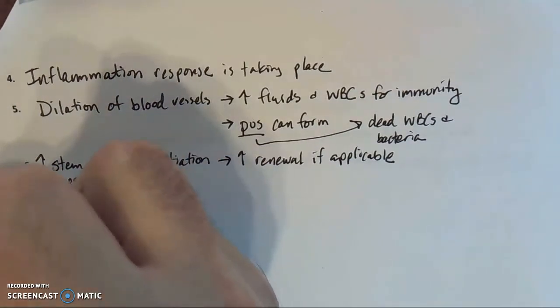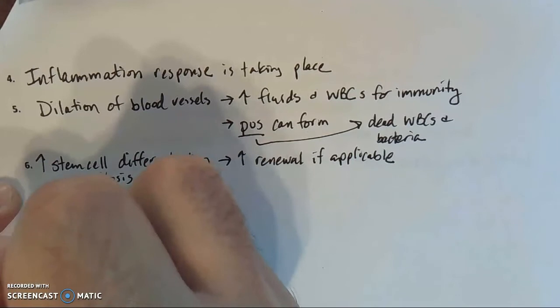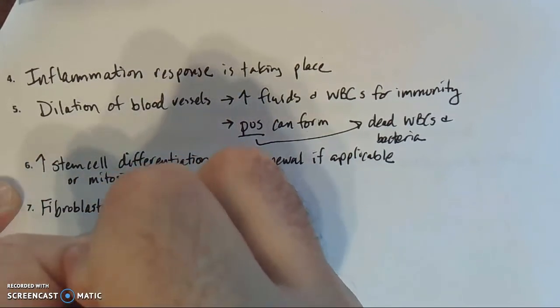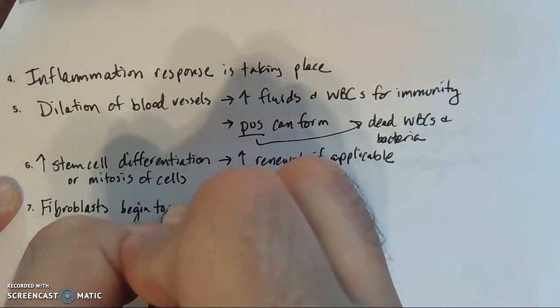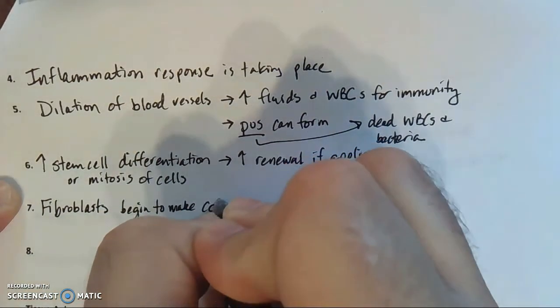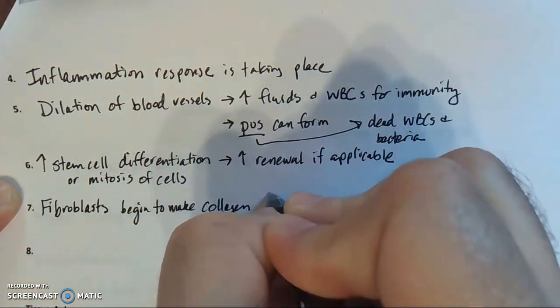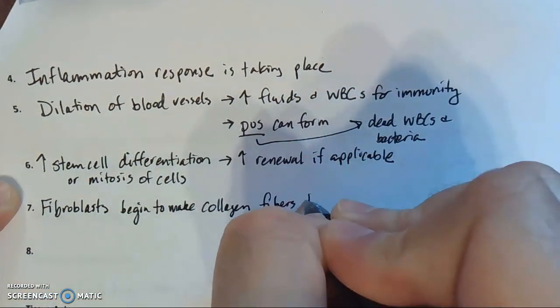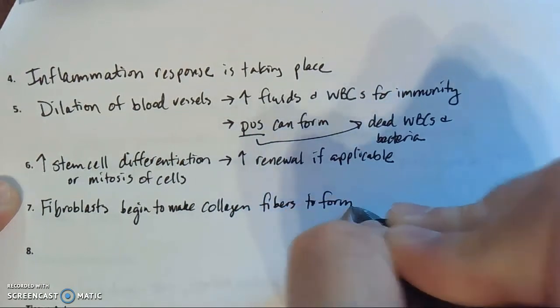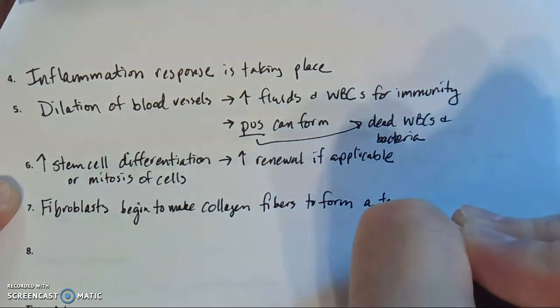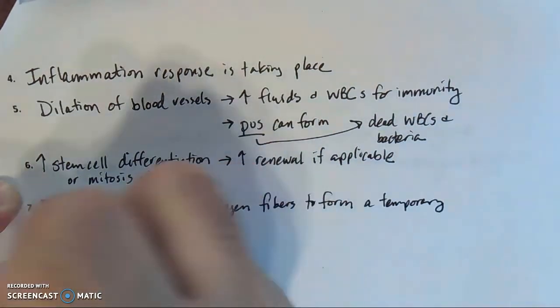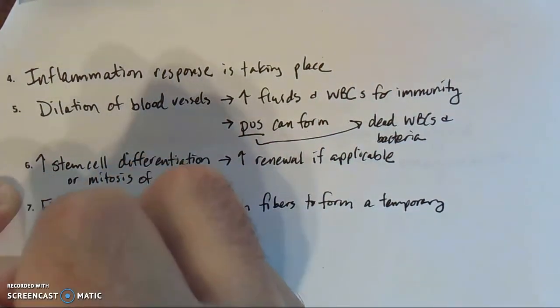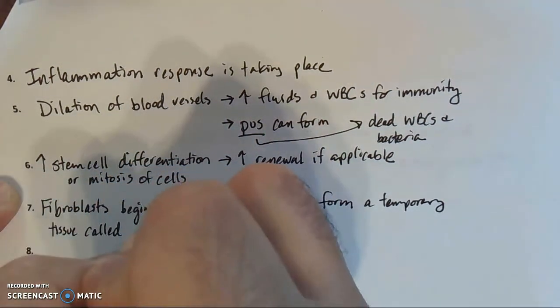And then we have fibroblasts begin to make collagen to form a temporary tissue called granulation tissue.